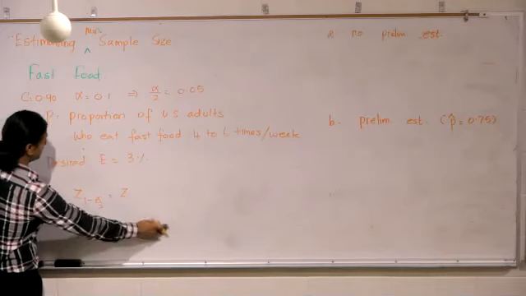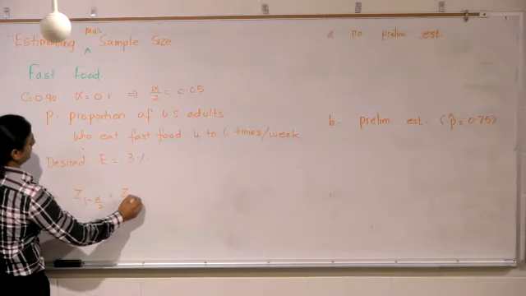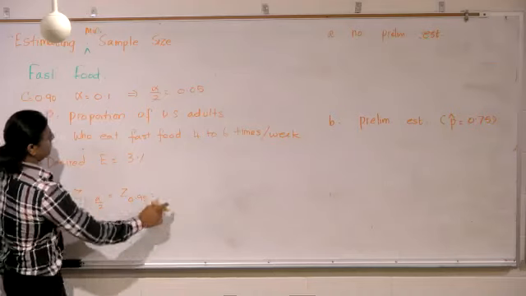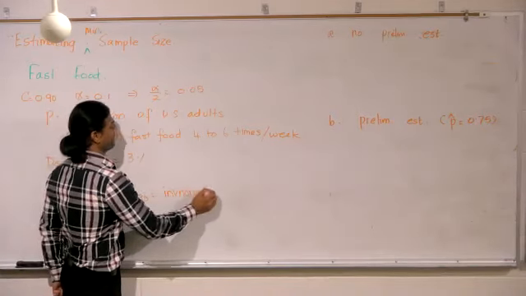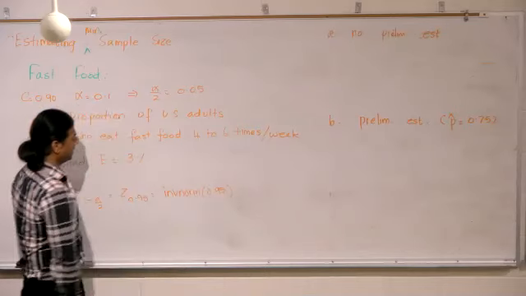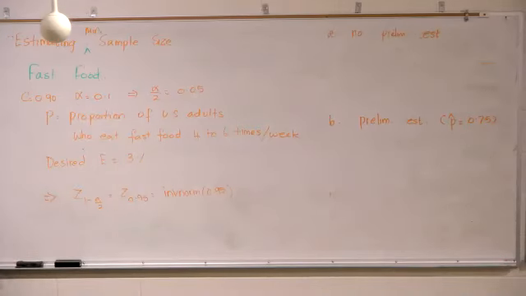And what is that value? Yeah, 1.64 something. So the critical value is 1.645.